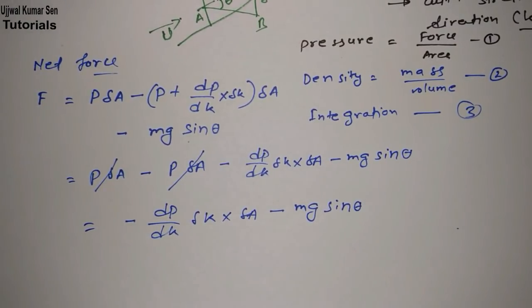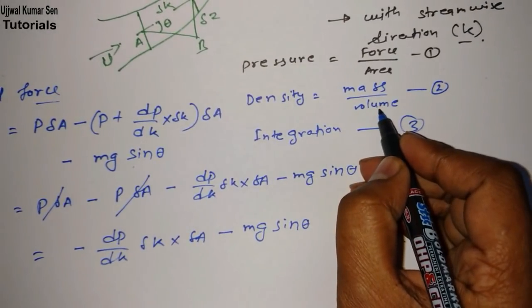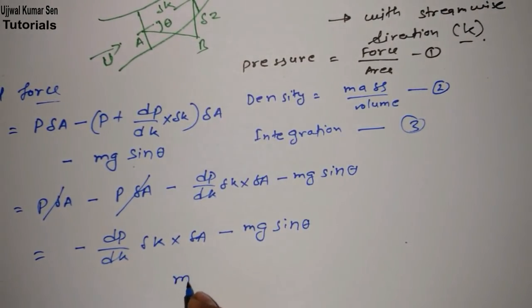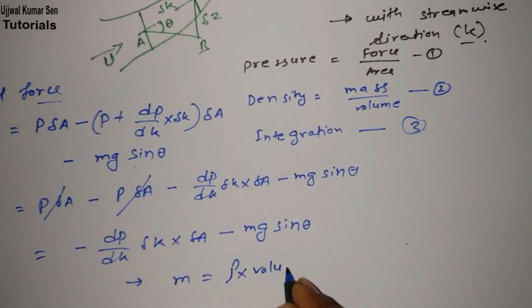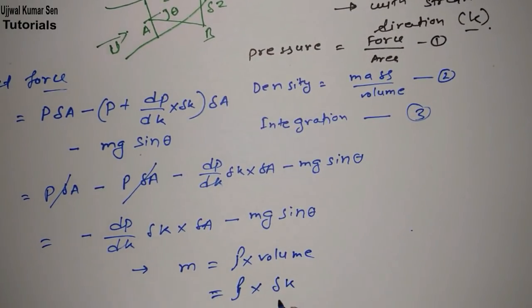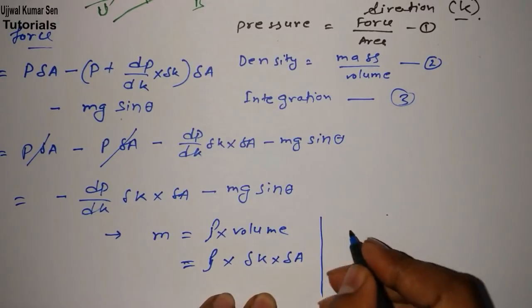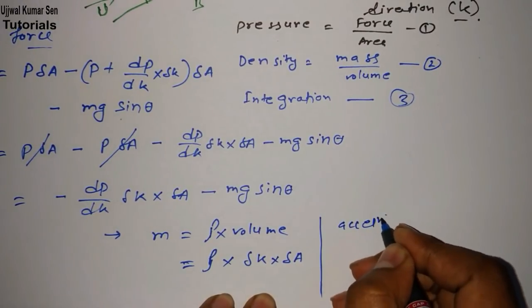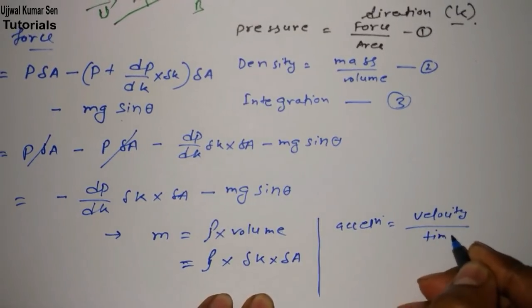Now, I have already shared with you, density is equal to mass by volume. So we can say mass is equal to density into volume. So density is rho and volume is stream delta k multiplied by the cross sectional area. Now we know another thing, acceleration is equal to velocity divided by time.